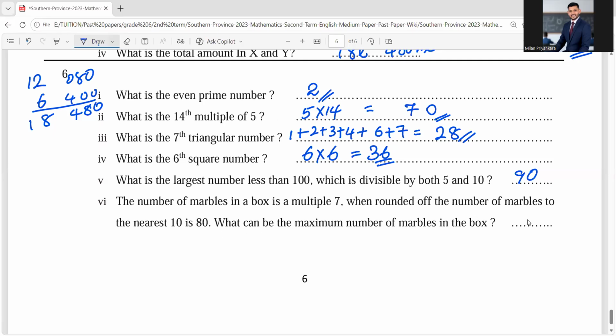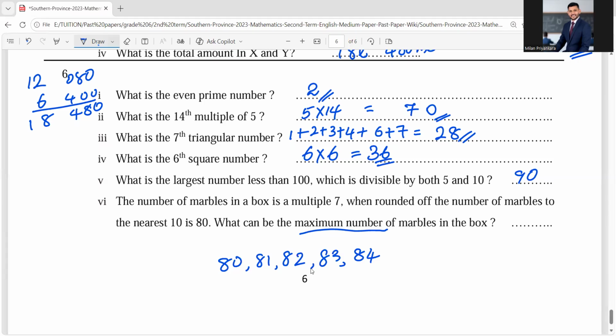What can be the maximum number of marbles in the box? We need to find the maximum number of marbles. Then you know that the possible numbers will be 80, 81, 82, 83 or 84. Then we need to see what are the multiples of 7.